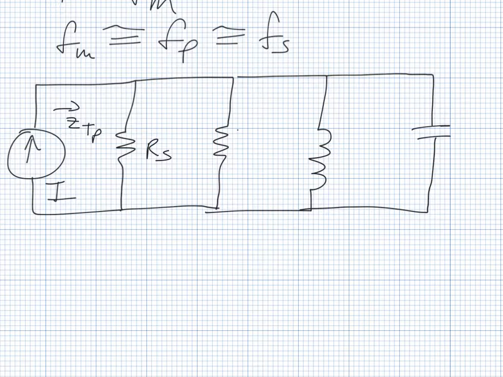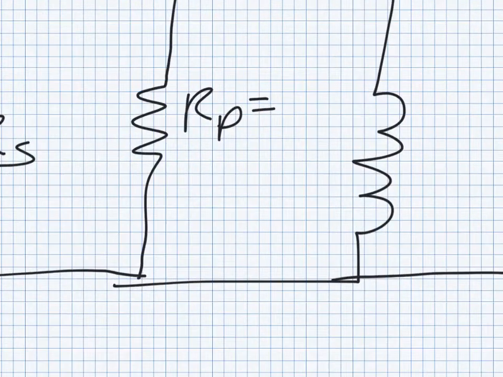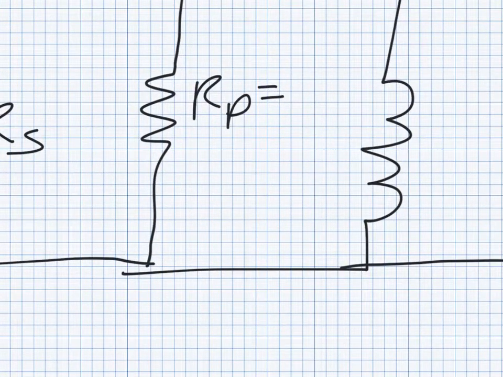RP here, this is RP, that is going to equal, and I'm going to zoom out a bit so I can write this in here, the quality factor squared multiplied by that resistance of the inductor. Okay?